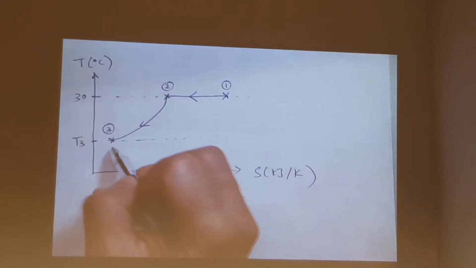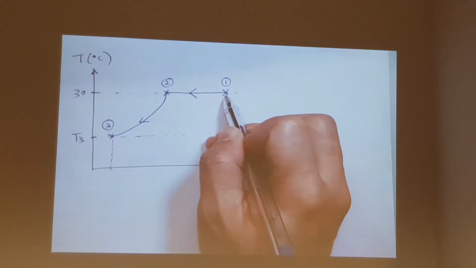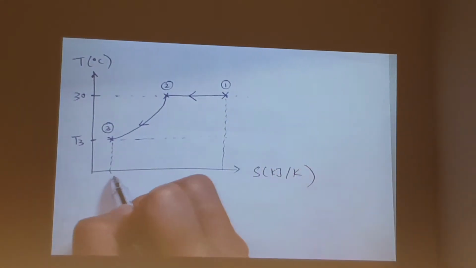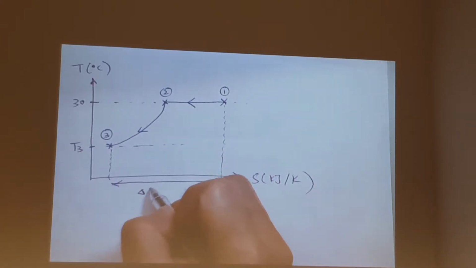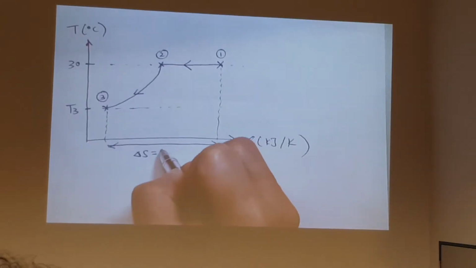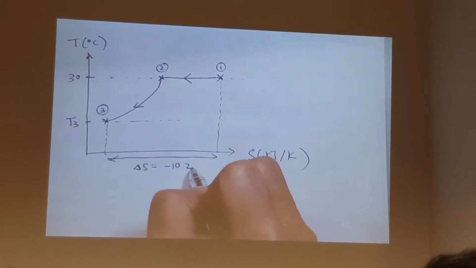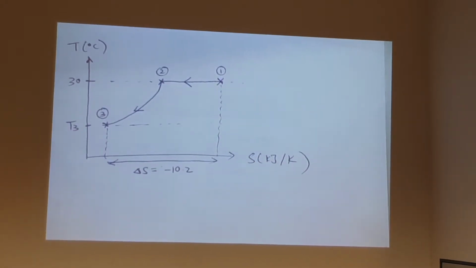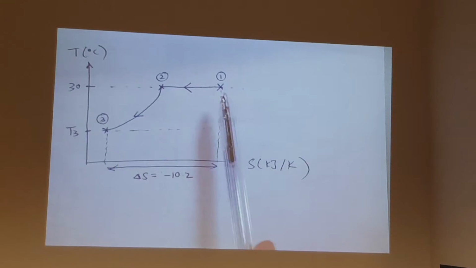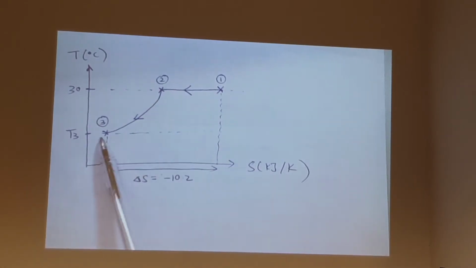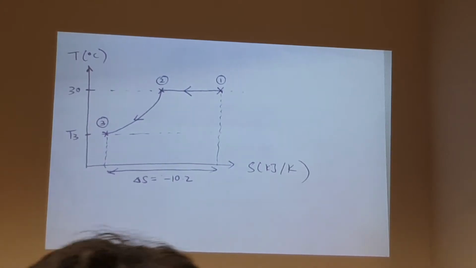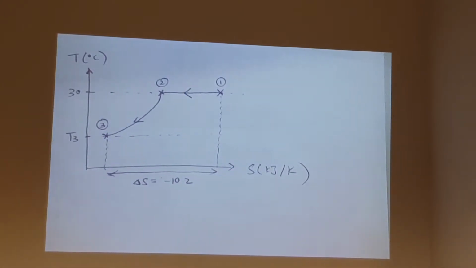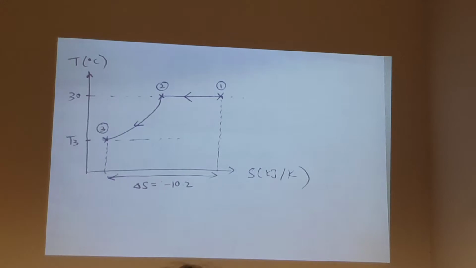And what you label, you can label the overall delta S is your minus 10.2, right? Kilojoules per Kelvin. So both are negative. This part here is minus 3.4 and this part here is minus 6.8. You have to label the delta S. Not the S, but the delta S.